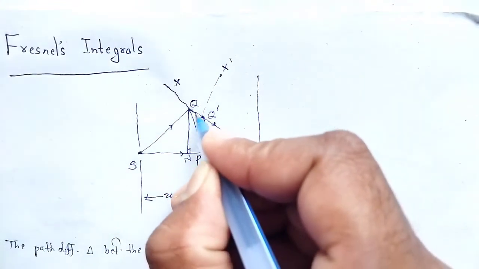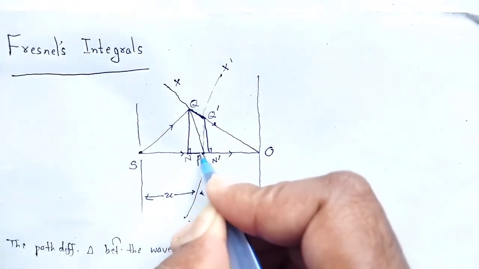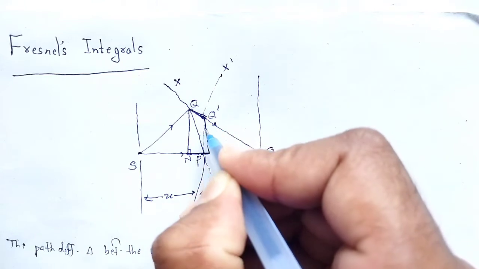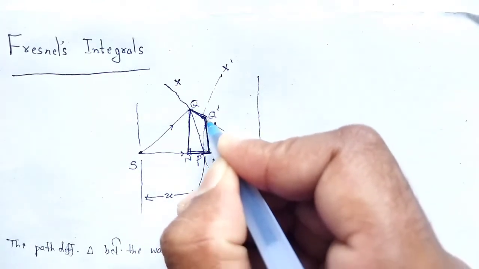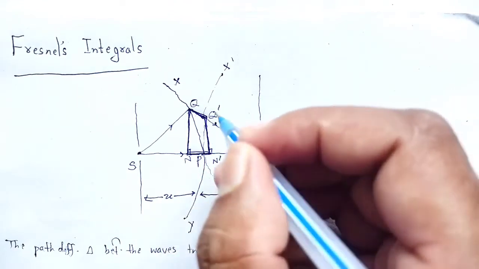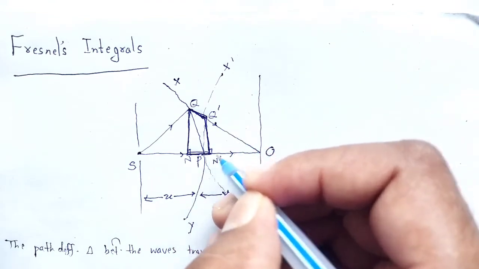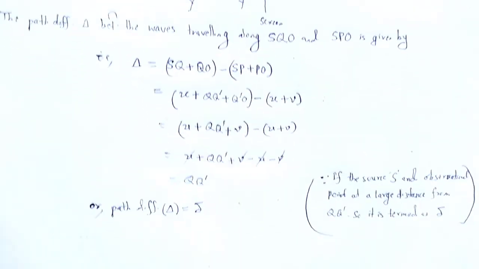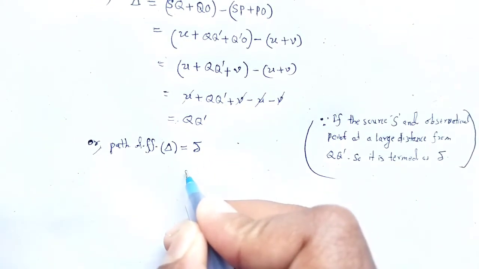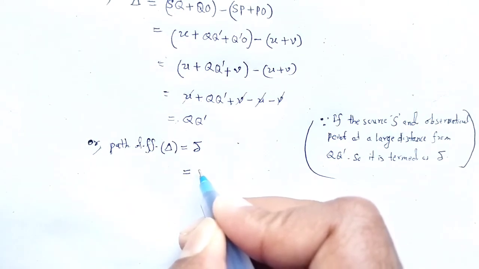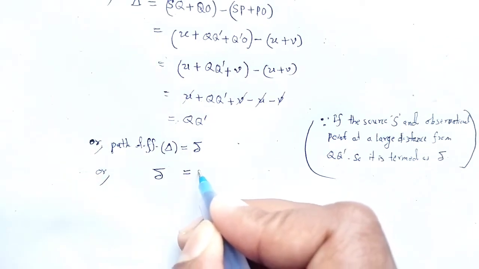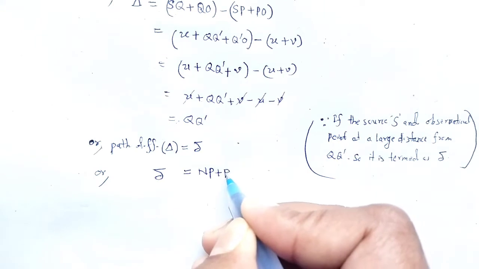In place of QQ dash I can write NP plus PN dash; it looks like a rectangle. So delta is equal to NP plus PN dash.